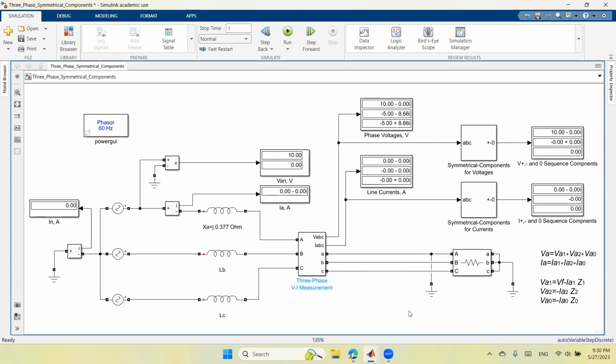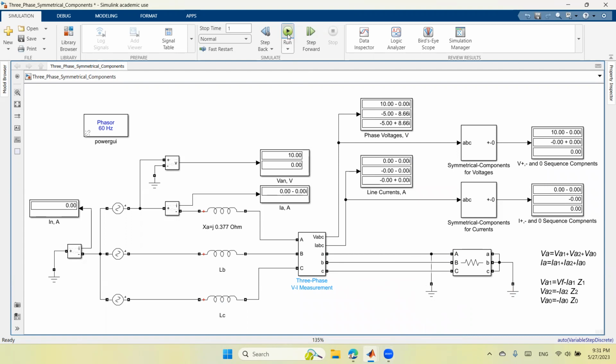So what I have here is phase A grounded. This should simulate a single phase to line ground fault, and the phase that has this fault is phase A, while phase B and phase C are healthy phases.